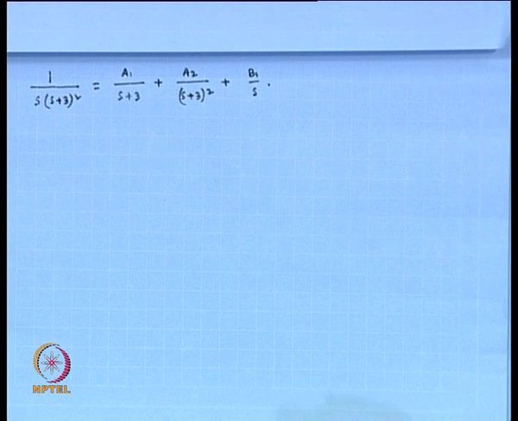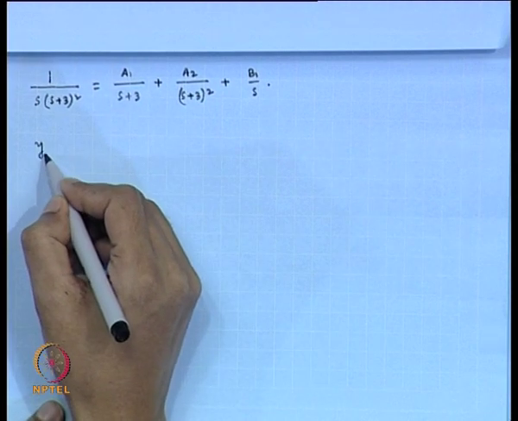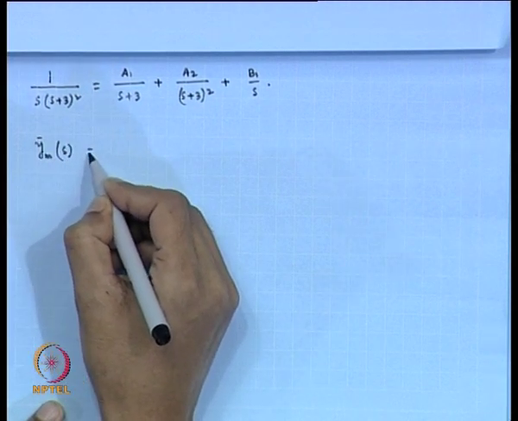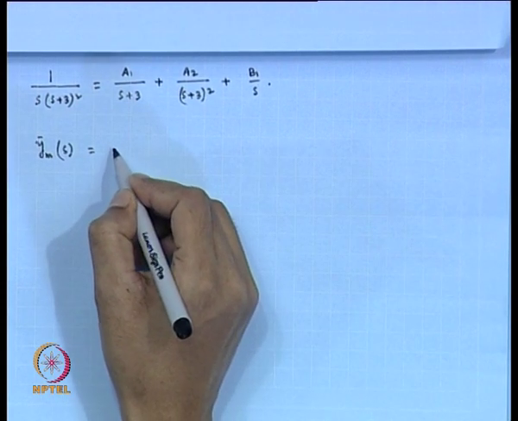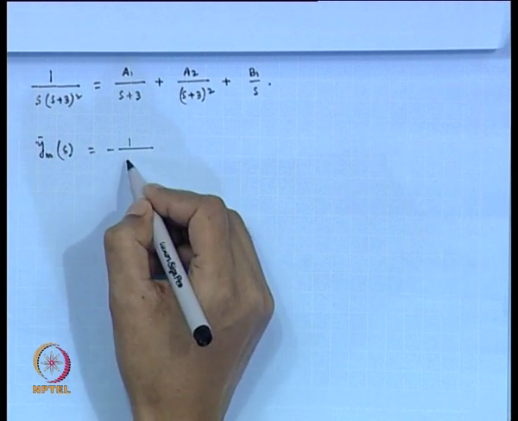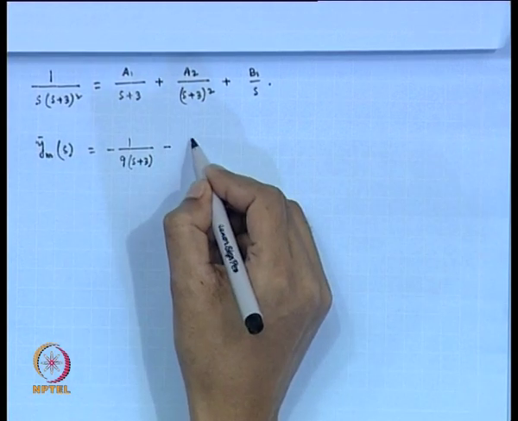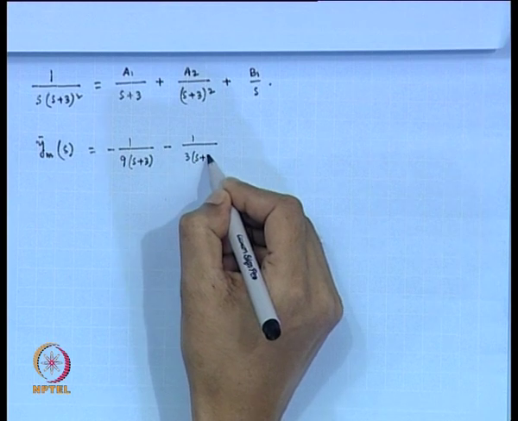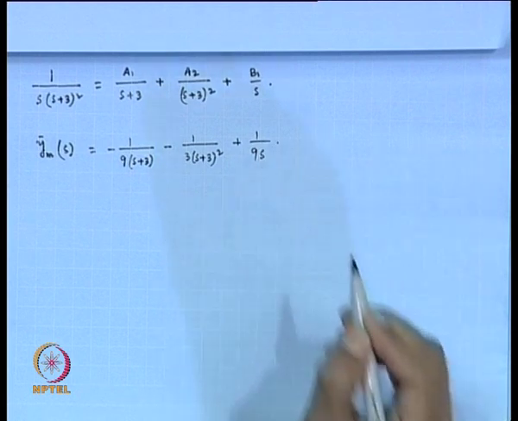Fine. In the next step, we need to determine the values of these coefficients a1, a2 and b1. So, finally, we will get this form: ym bar s equals minus 1 divided by 9 (s plus 3), minus 1 divided by 3 (s plus 3) whole square, plus 1 divided by 9 s.